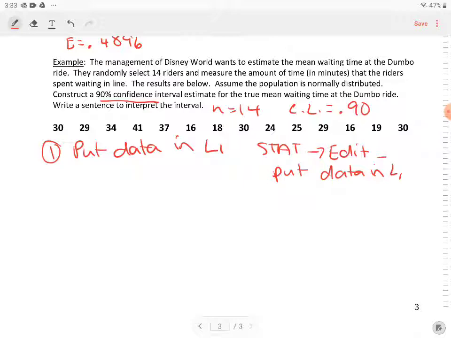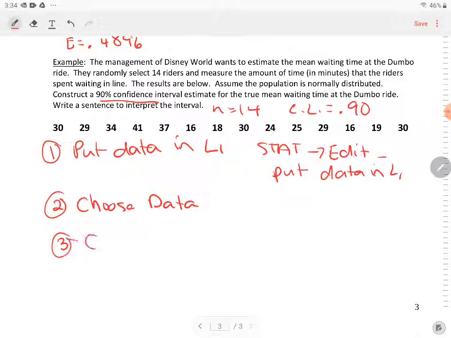So now you can go to Stat and Tests, arrow down to number 8 again. But this time we're going to choose data. Because we have data in there, we're going to let the calculator find our answer for me. So you're going to do second L1. Your frequency is 1. Okay, I have 0.95. I need to change that to 0.90. If I calculate, I get that X bar is 27.